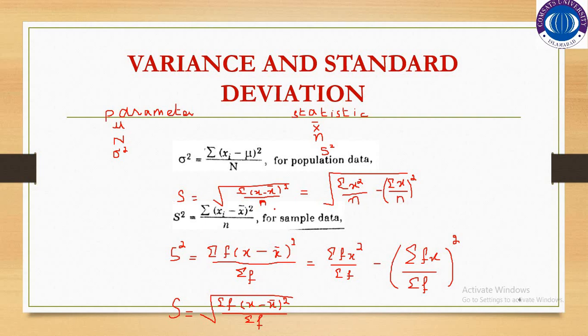So this is the standard deviation, and this S square is the variance for the ungrouped data, and this one is the variance for the grouped data.